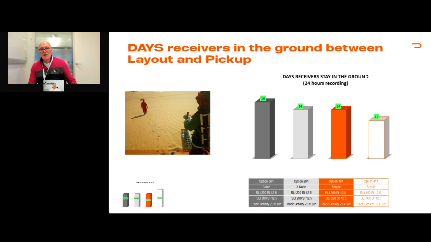And allowing us to do it faster will actually ensure that we don't need to change the node of a very specific receiver location. We just pick it up and carry it out and roll it up again in front of the spread.